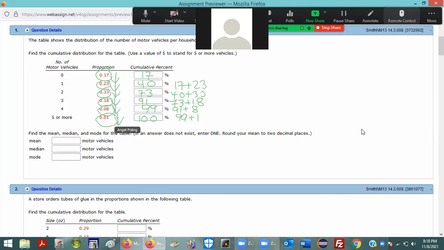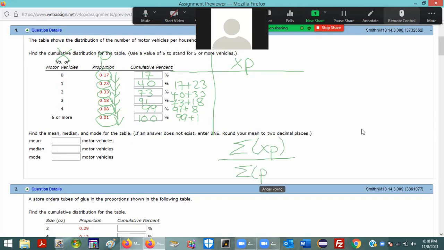Okay, now to find the mean, we take the x times p, right, and make a column, because what we're going to do is sum each x times p and then divide by the sum of p, where this is the weighted mean.